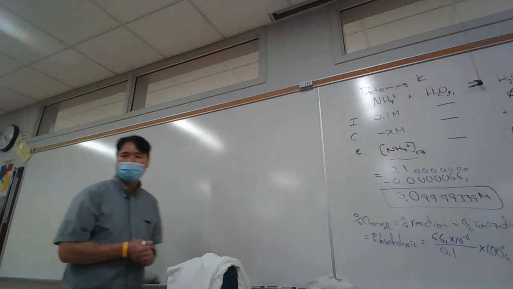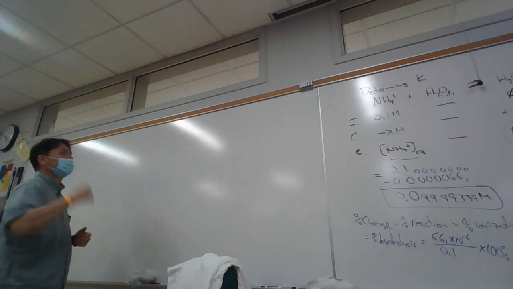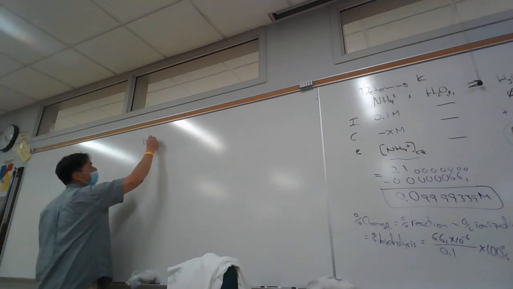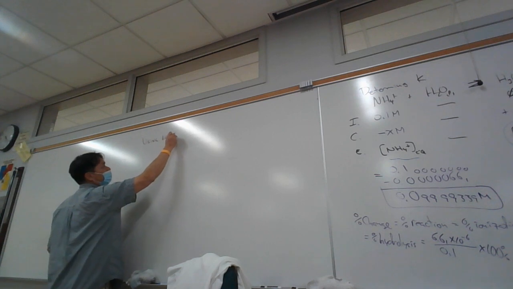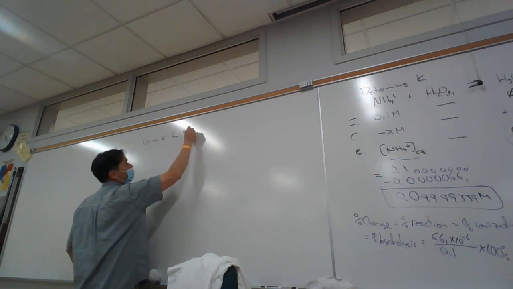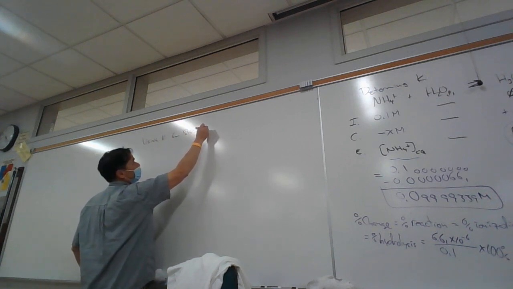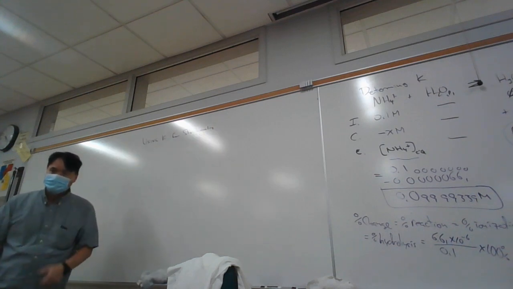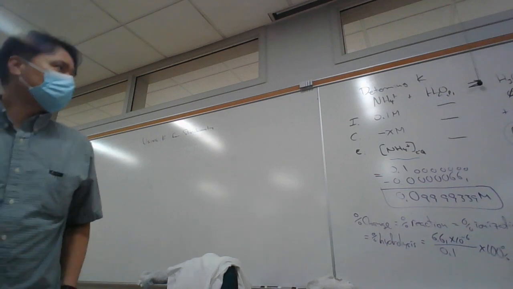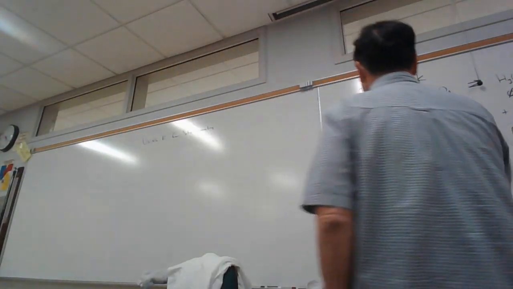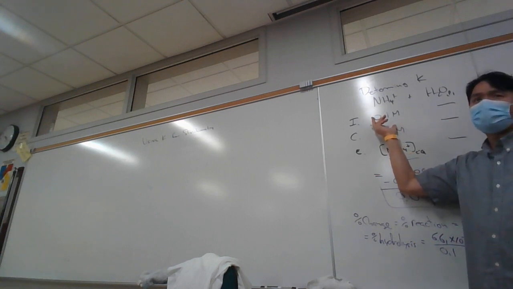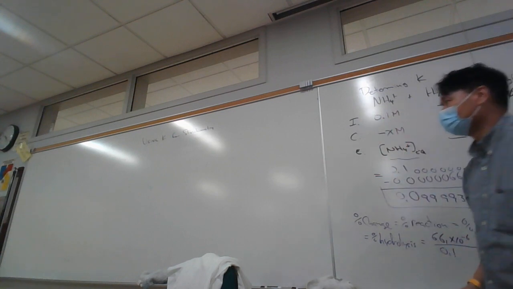So that's determining K. The next step is we're going to be using K for stoichiometry. So what we're going to do is our ammonium chloride, we're going to do a 1 to 2 dilution. A 1 to 2 dilution of the 0.1 molar will make 0.05 molar.